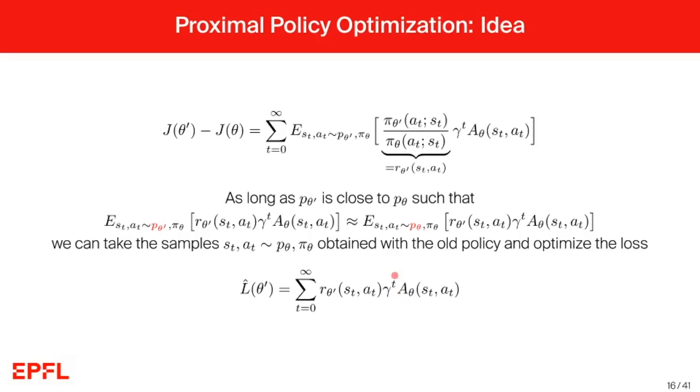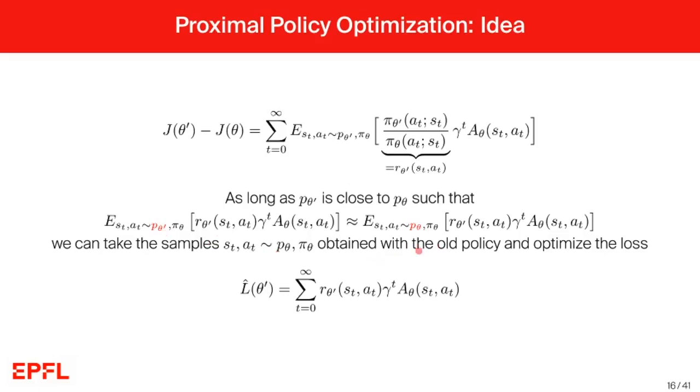So why do we really want this, and why should these two expectations be close to each other? Well, the whole idea is that we would like to find the theta prime that maximizes this difference here without having actually to run samples under the new policy.